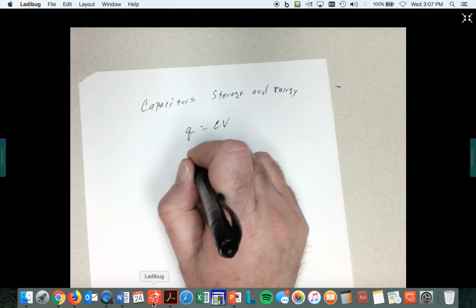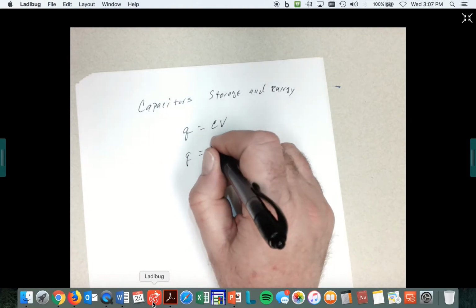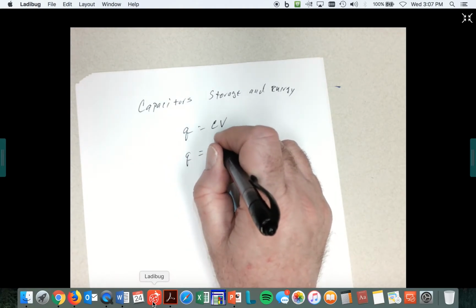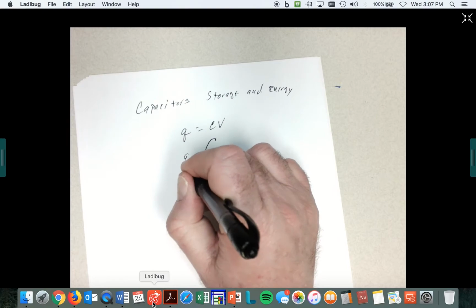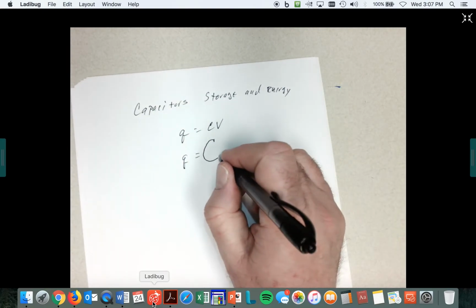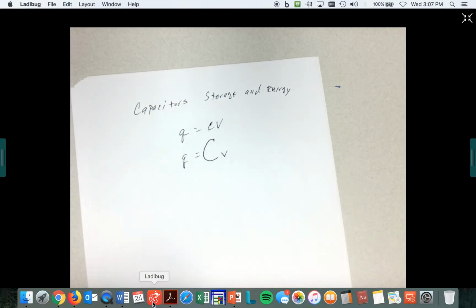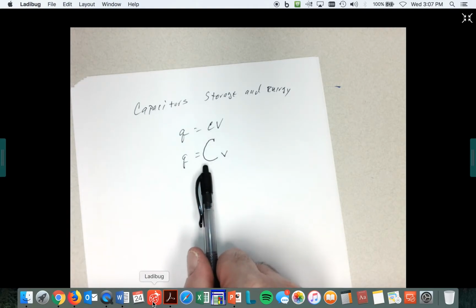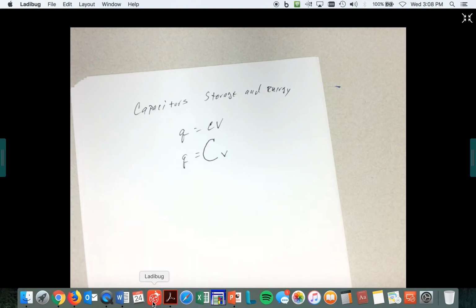Q stays the same and is equal to a bigger C. Since Q stays the same, what has to happen to V, the voltage? It goes down. So we don't need to increase our capacitance. We just decrease the voltage required to charge it up. So now I can charge it up. Cool.